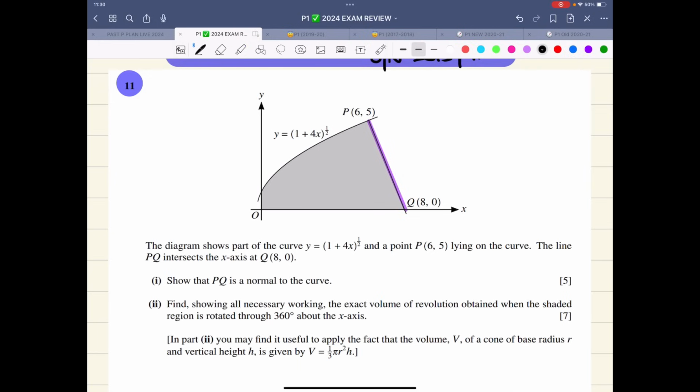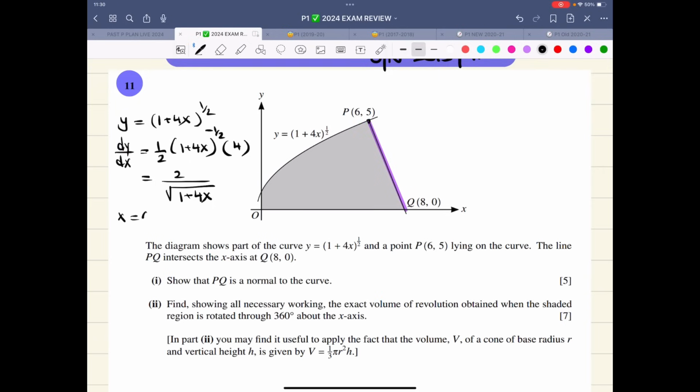Now what we do is, let me write y equals (1 plus 4x) raised to the power of half. Let me differentiate, dy by dx. Half comes down, 1 plus 4x remains as it is, power reduces by 1, derivative of the bracket is 4, which is 2 over the square root of 1 plus 4x. Now the tangent is at x equals 6.